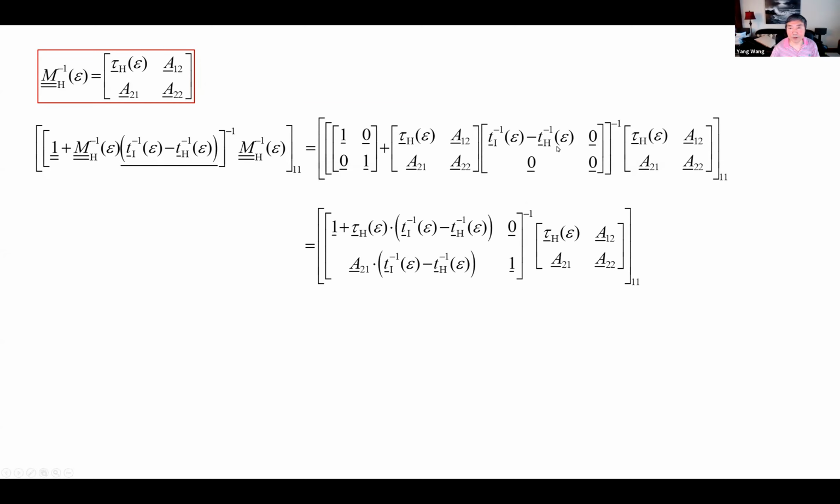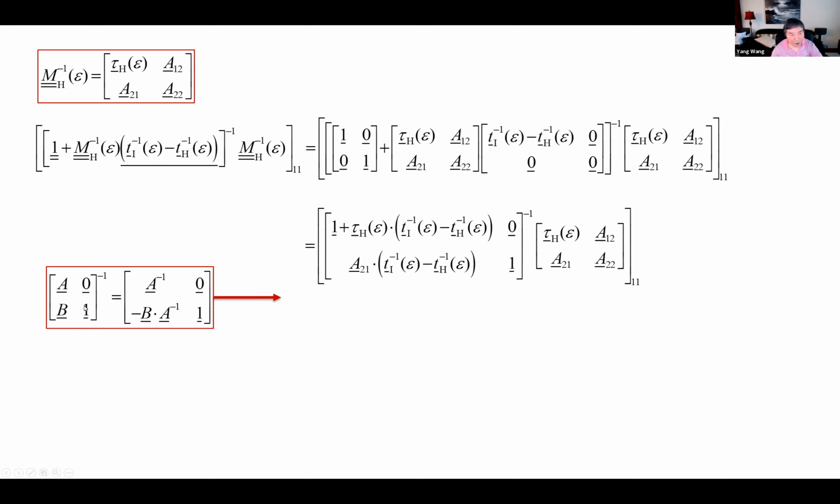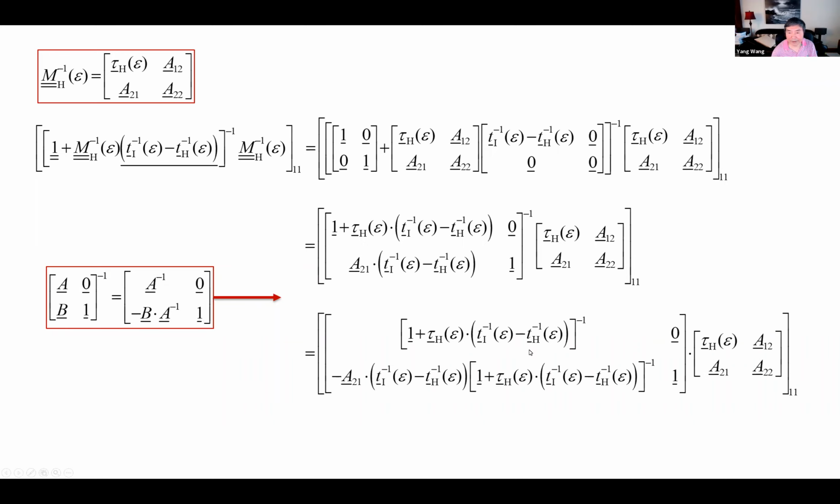Now you can work that out, taking this matrix multiplication plus the identity matrix. That's what you get. Remember there's an inverse here. Now, how do I do that? I just apply this simple formula: A, B, this whole matrix block, this another matrix block, this identity matrix here, and a 0 here. You take the inverse of it, and it turns out the result is this. So you just apply this formula to do this inverse, and this is what you get.